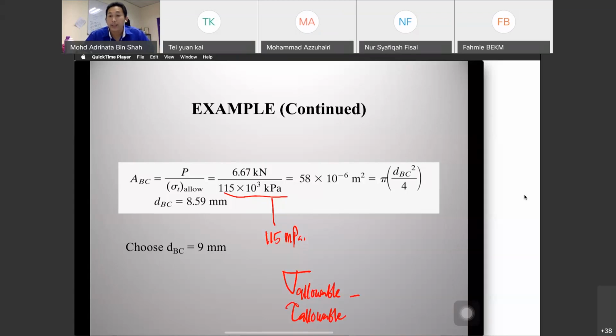It depends on the materials, and normally it is given in the question. If there is a question, it will give the maximum stress allowed. The maximum shear stress allowed is, so you use that value. Okay, so that is the allowable stress.